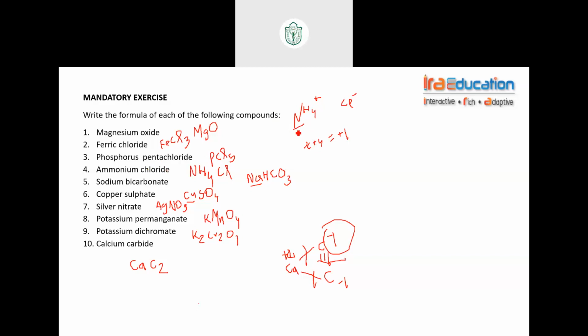Ammonium chloride dissociates into ammonium ion and chloride ion. I ask you to find the oxidation number for the nitrogen element. We take the nitrogen oxidation number as X because we don't know it. We need to find it. How many hydrogens do we have? 4. What is the oxidation number on hydrogen? +1. How many? 4 are there.